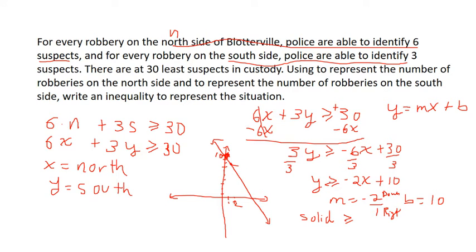So, if it's greater than, you shade above the line. So I will have to shade this part right here. So if I pick any point from this shaded region right here, it's going to be a solution to my inequality.